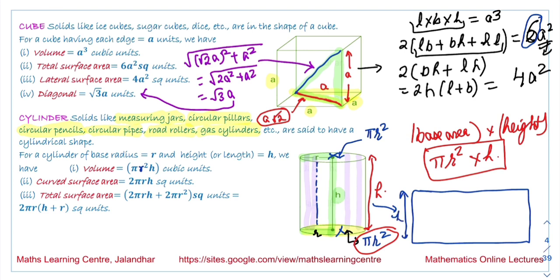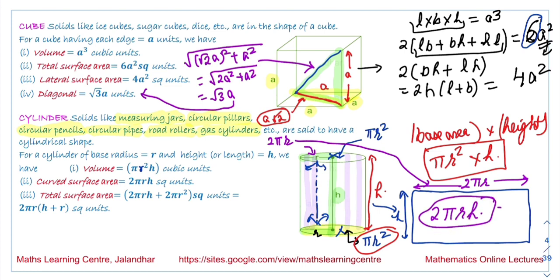Now what is the length of this part? It is the circumference of this circle, 2 pi r, and this 2 pi r is now the length of this rectangle. So the total area of this rectangle will be 2 pi r h, and this is the curved surface area of this cylinder.